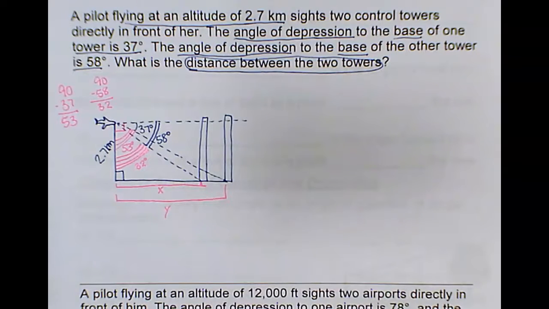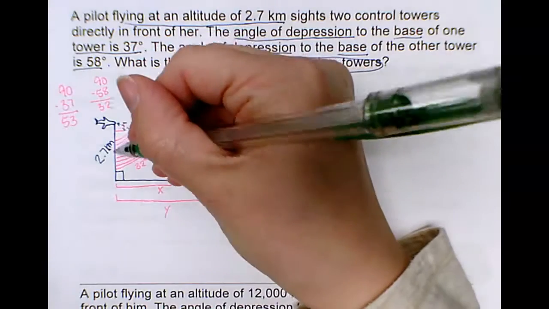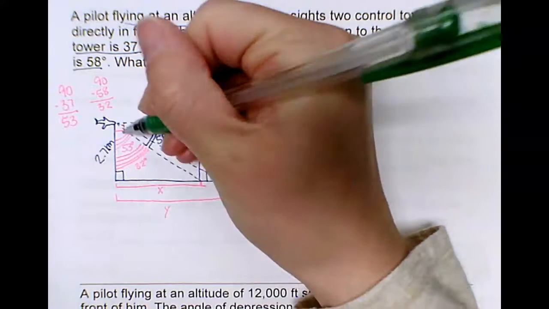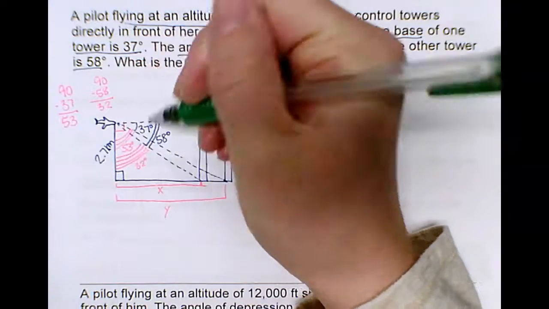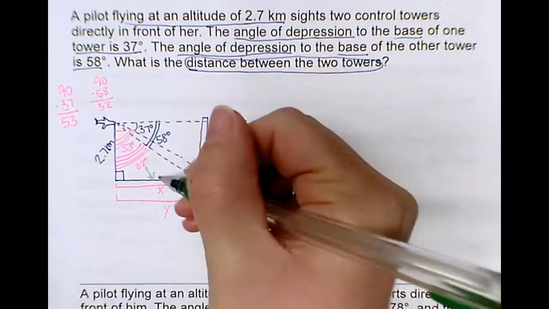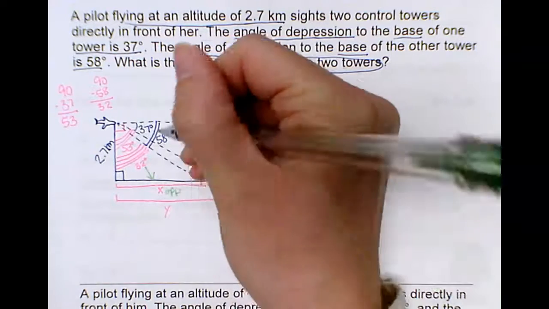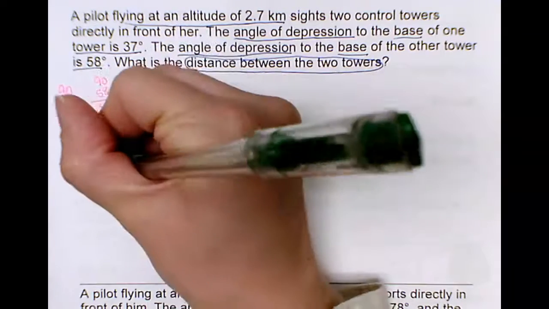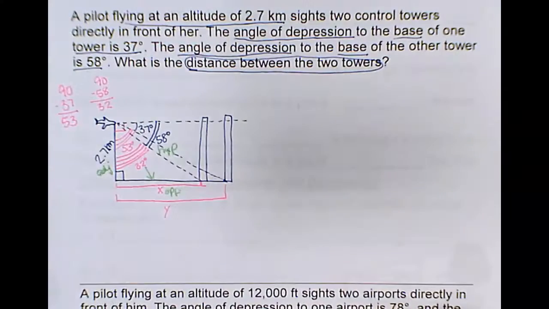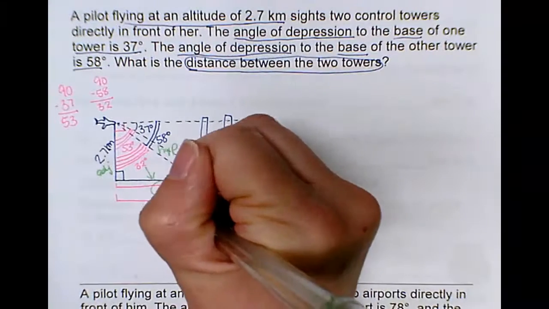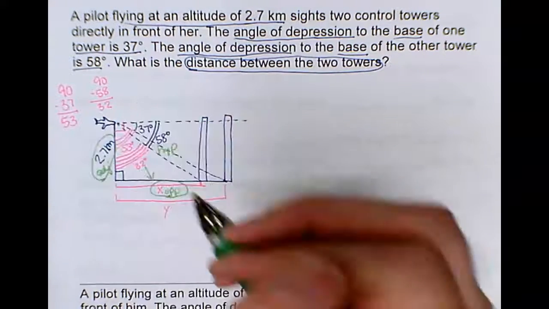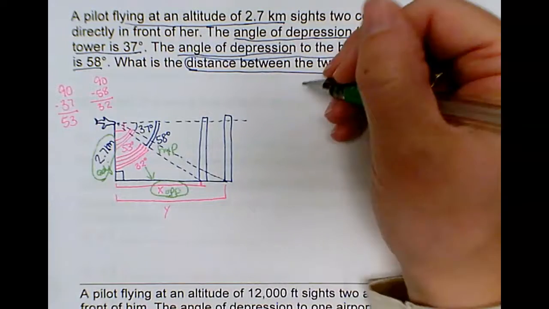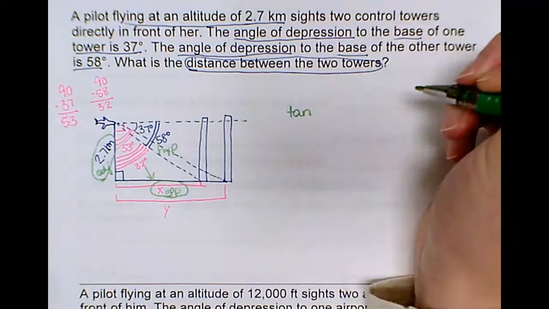So let's start out with this right triangle that's kind of on the inside. It has a 32-degree angle. So I'm going to go to the opposite side and label it. This is the hypotenuse. This is the adjacent side. I'm trying to find the opposite, and I have the adjacent. Opposite and adjacent is used by the tangent function.